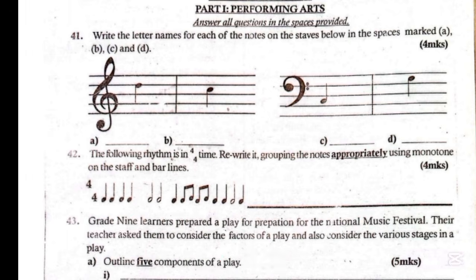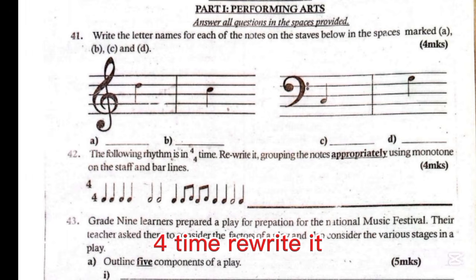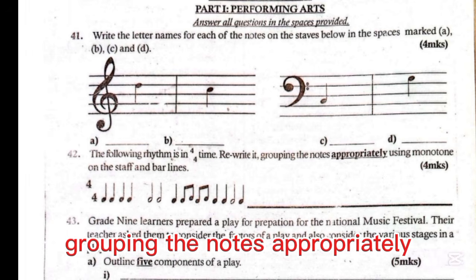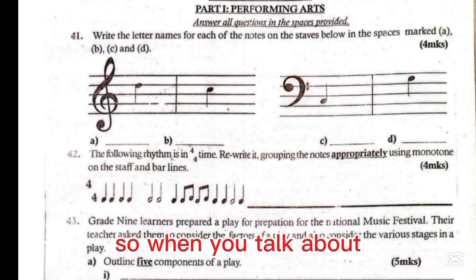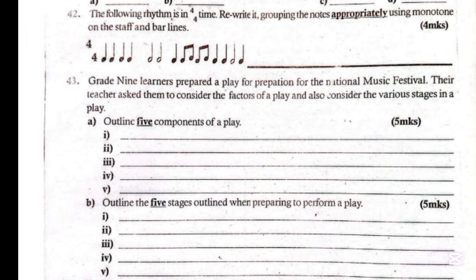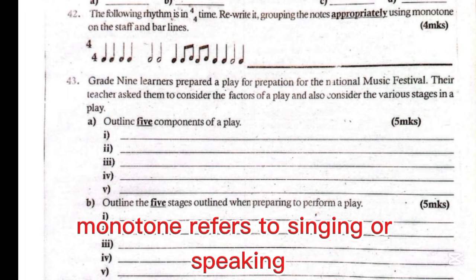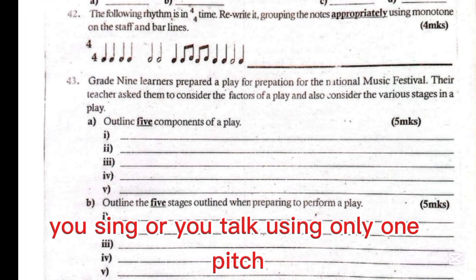Question number 42. The following rhythm is in 4/4 time. Rewrite it, grouping the notes appropriately using monotone on the staff and bar lines. So when you talk about monotone, monotone refers to singing or speaking using only one pitch.